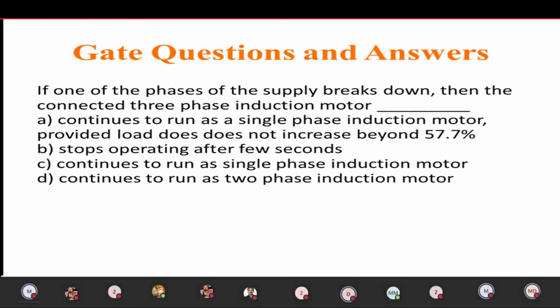The speed of this rotating magnetic field is called the synchronous speed, and it depends directly upon the supply frequency. Another concept is that the rotor rotates in the same direction as the rotating magnetic field. So to change the rotor direction, we can simply reverse the rotating magnetic field by changing the phase sequence.